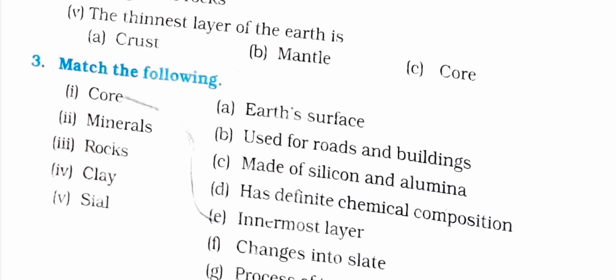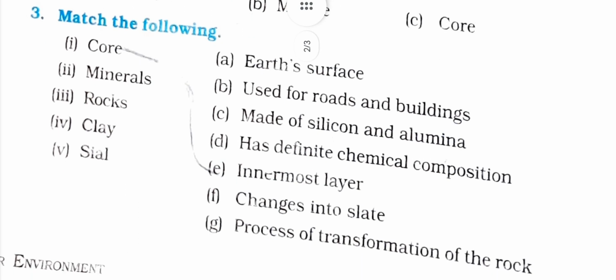Minerals have a definite chemical composition. Rocks are used for roads and buildings. Clay changes into slate. Sial is made up of silicon and aluminum.